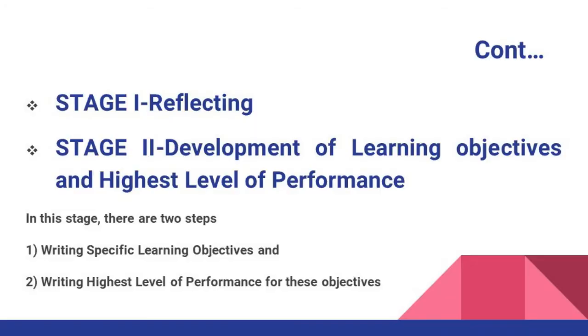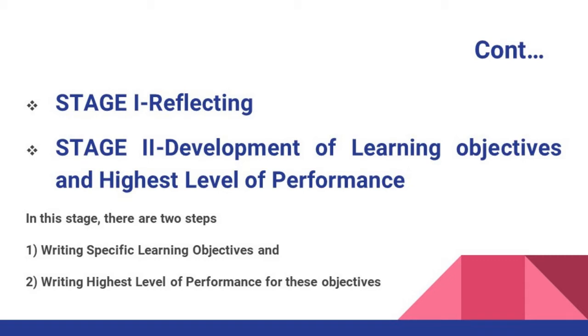Now moving further to the second stage in the process of development of rubrics. The second stage is development of learning objectives and highest level of performance. In this stage, there are two steps.